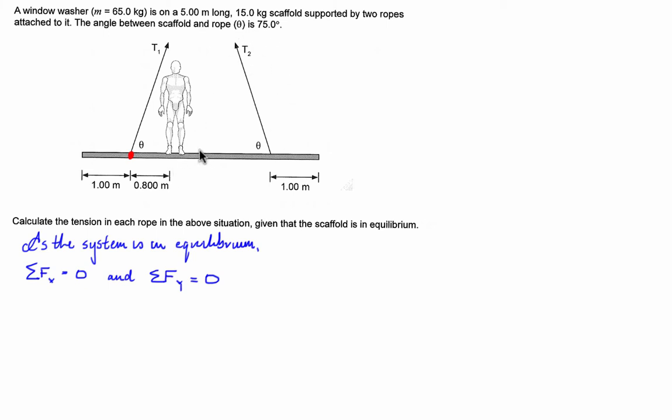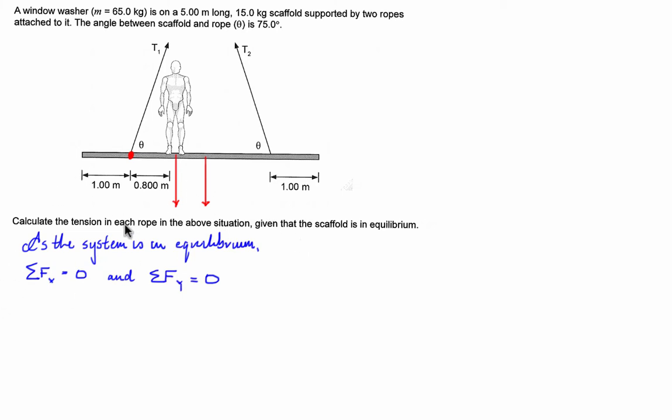If we draw a force diagram, we've got the force created by the center of mass of the window washer, straight down, which is here. And we have the force created by the mass of the scaffold, which will be through its center of mass, which is going to be here. Those are our two clockwise forces.